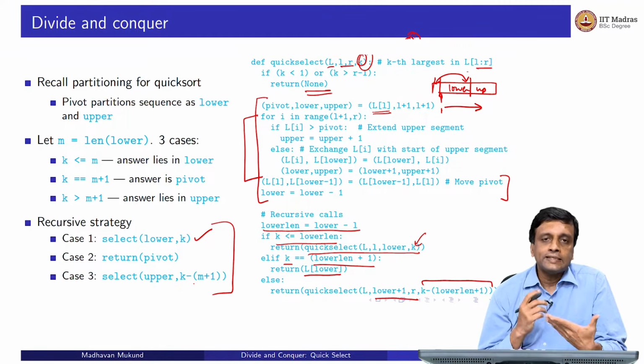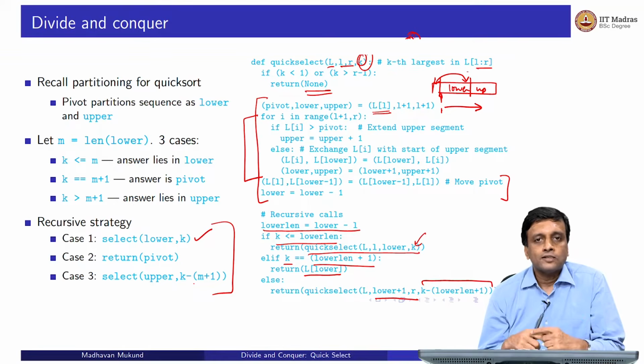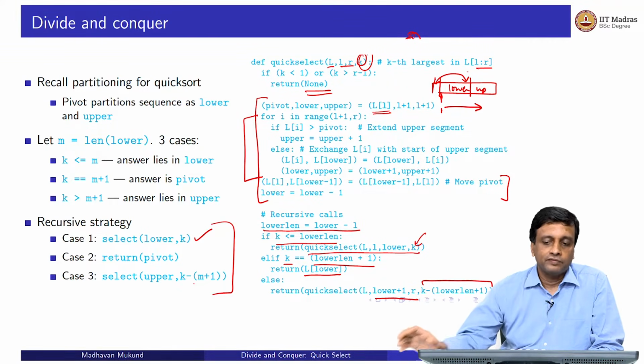So what we have done is we have taken quicksort and the partition algorithm exactly as in quicksort, and then after partitioning, instead of sorting the two halves, we are suitably choosing which part of the partition to select. So either we select in the lower part or in the upper part, or we just directly return the pivot.